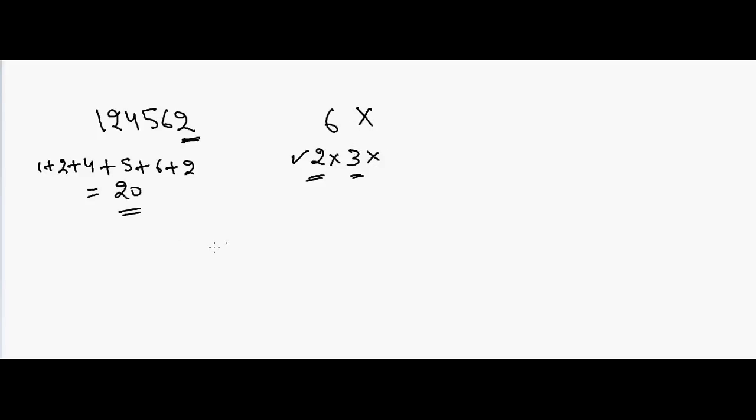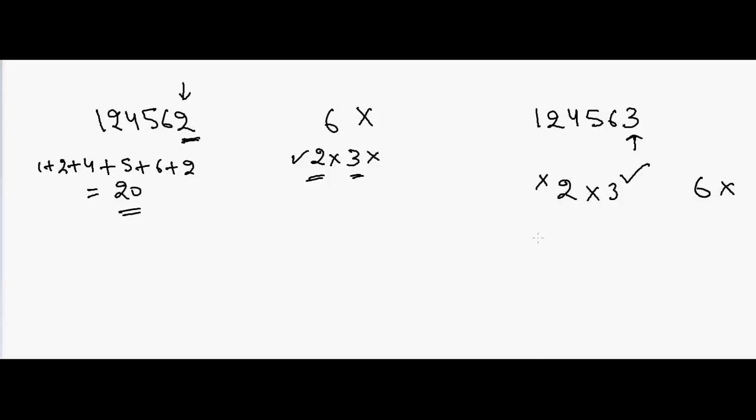But how can we modify this? We can modify this by adding one more to the last digit. So it will become 1 2 4 5 6 3. But now this number is divisible by 3 but not by 2. So still, it will not be divisible by 6.